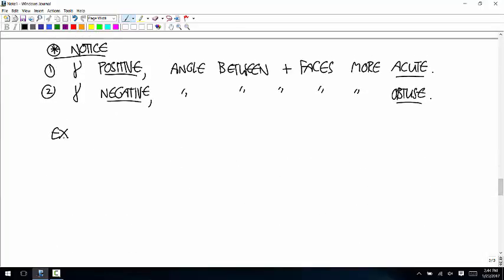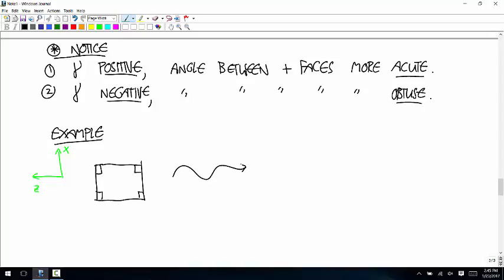Here's an example. Let's say we start with a cube. All of these are right angles. And I'm going to use a funny coordinate system with the x-axis up and the z-axis to the left. After deformation, the shape's like this.